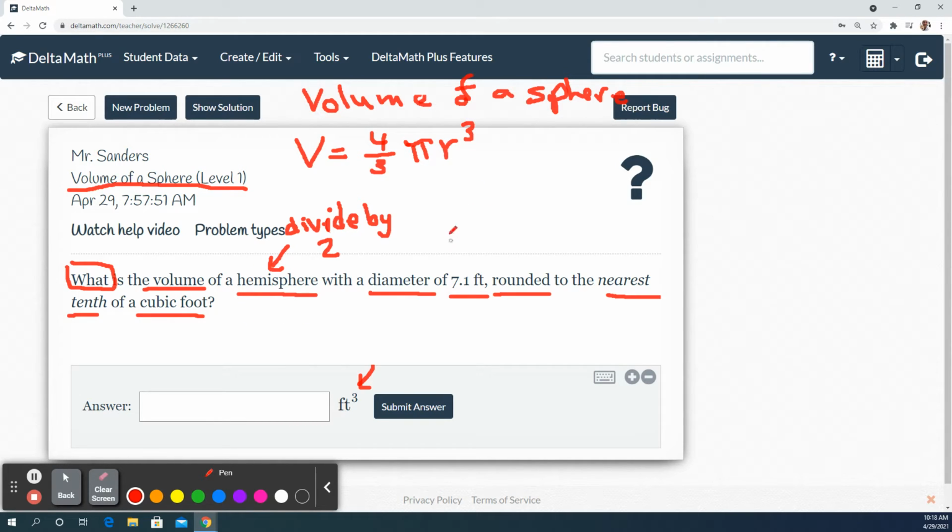All right, so let's go ahead and take the information that we need and deal with it. We need to use this diameter of 7.1 feet. Actually, let's go ahead and draw our sphere first so we can see what's going on here. Start by drawing a circle. I like making sure I have the center, so we'd estimate what the center is. And then I like to do a distance underneath it and a distance above it that would be the same distance.